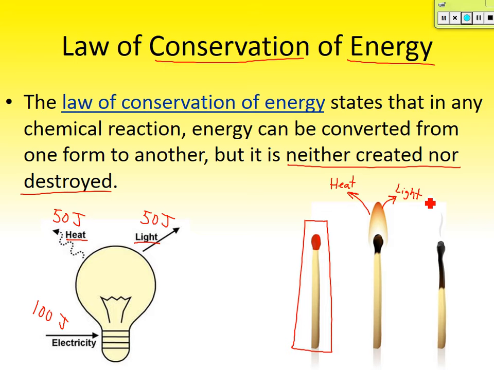What about the one on the end here, this right side? It doesn't have as much energy, does it? But did we destroy the energy? No. It wasn't destroyed. It was just given off in heat and light. And so always remember that. You can't create nor can you destroy energy, but it can change forms. So we'll see that with chemical reactions.